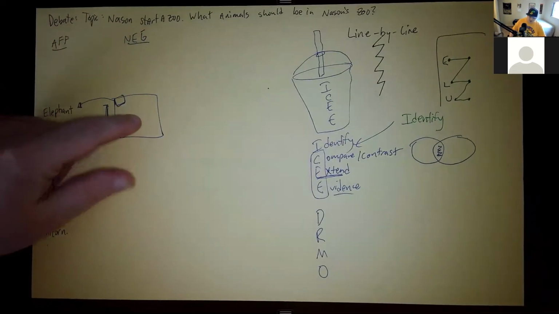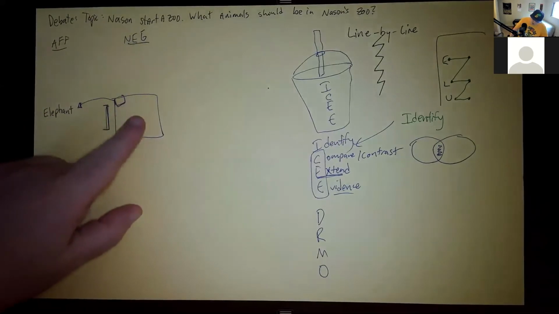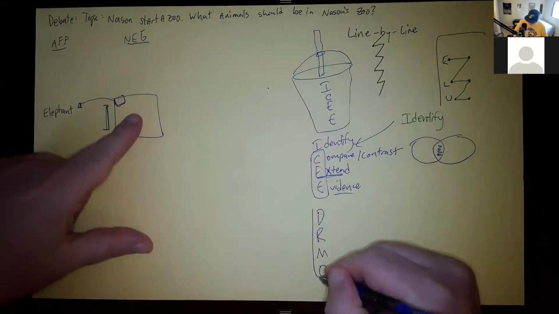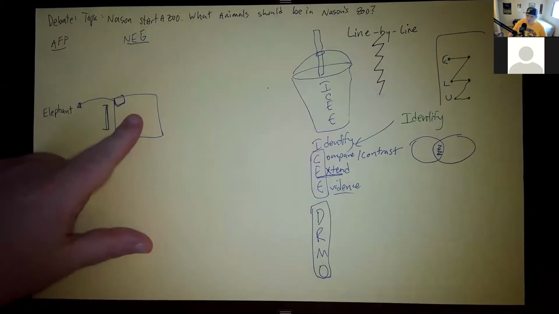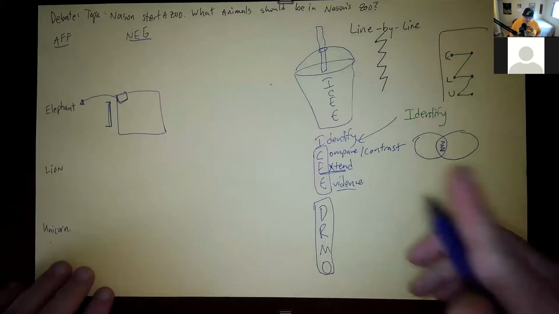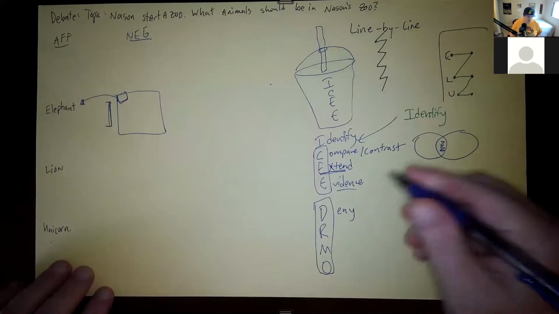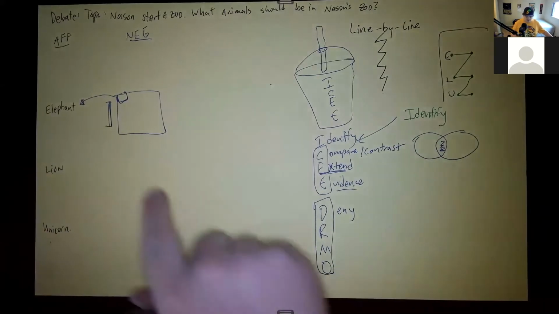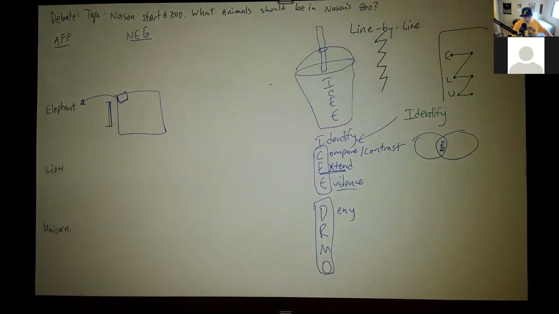So it's something else that you can put in this box, right? We'll box Dr. Mo in. The first one of these is deny, right? Whatever your opponent said, you should have an elephant, you should say it's not true. No, you should not have an elephant, right?